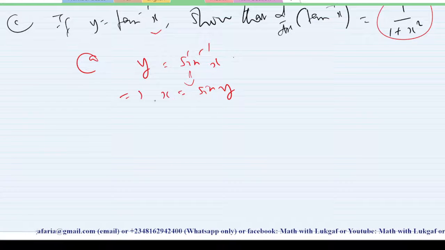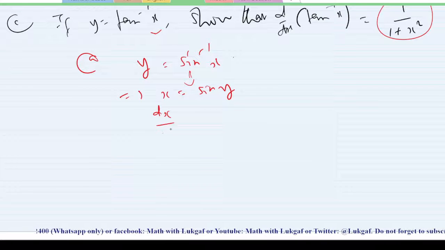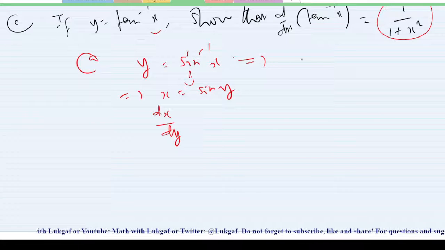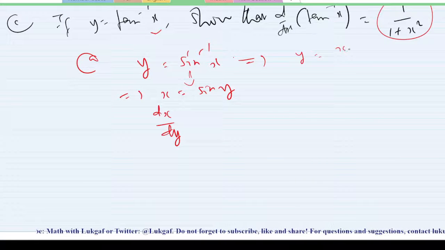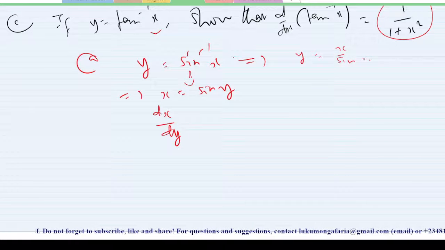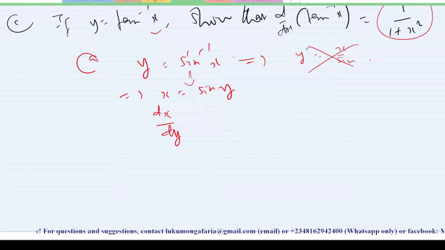Here then you can differentiate x with respect to y. Although some people used to say that y is equal to x divided by sine, don't do that. That is not mathematically correct. And they now say x is equal to cos y. That is not mathematically correct.